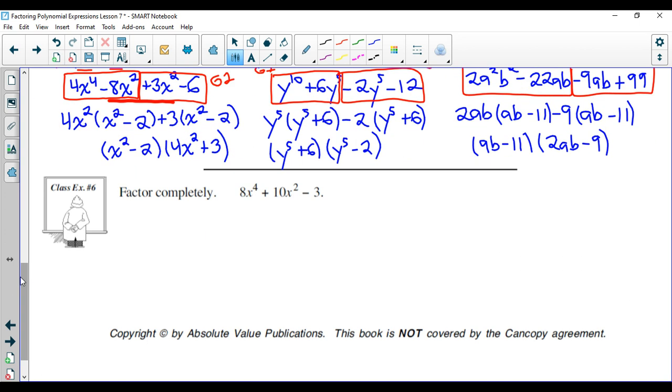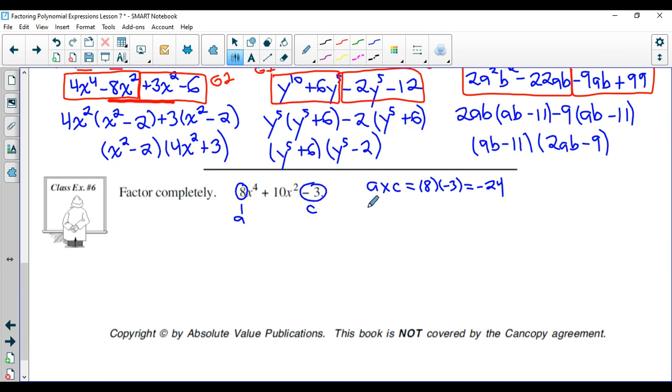Now, this one right here, we don't have to do the substitution. We can still do that method where we just decompose it. So if we look at this trinomial, this would be the value of A, and the value of C would be -3. So A times C would be 8 multiplied by -3, which would be -24. So I need two numbers that add to give you positive 10 and multiply to give you -24.